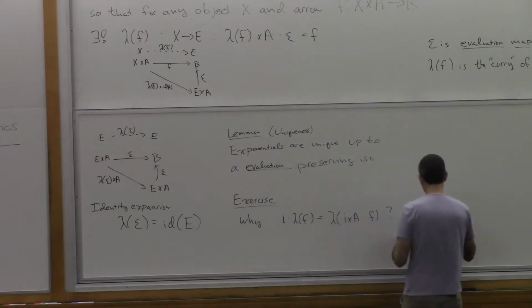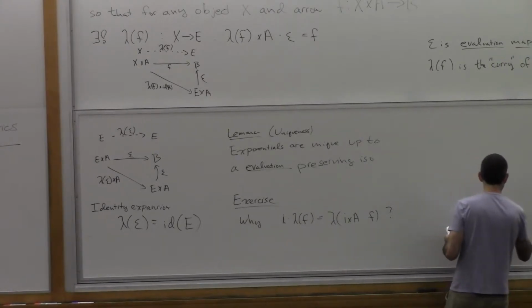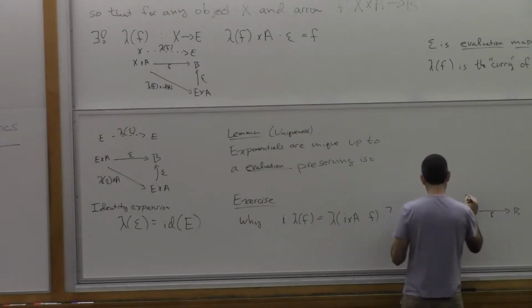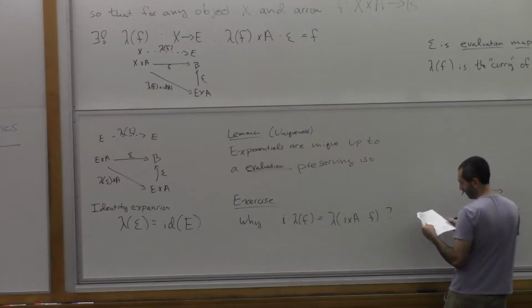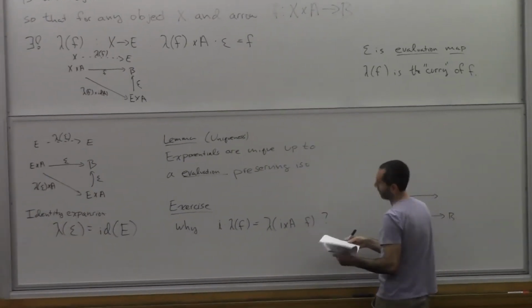Okay, so let me draw the diagram. We have from x cross A to B, f. We have here from x to, right, okay.